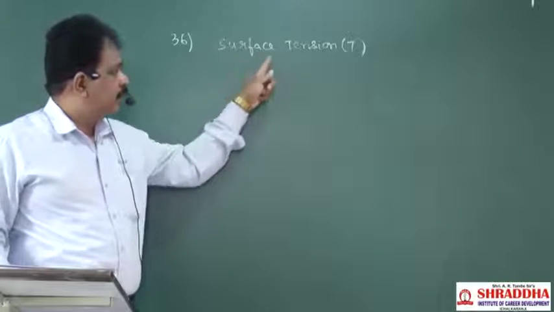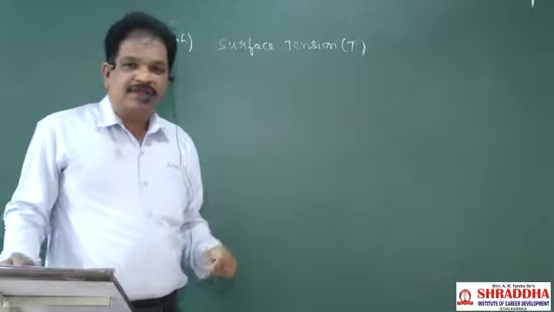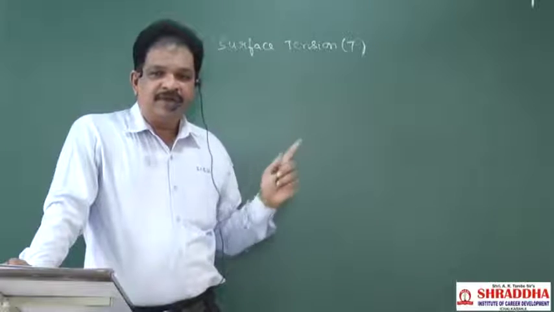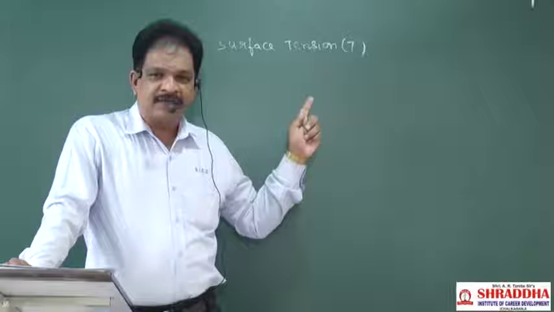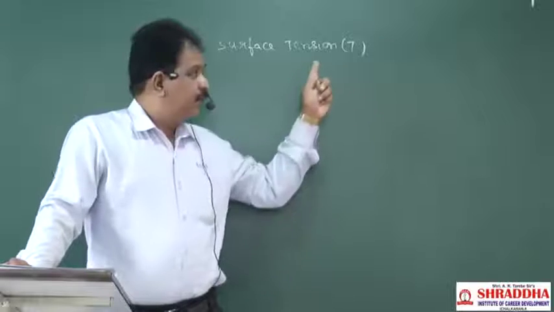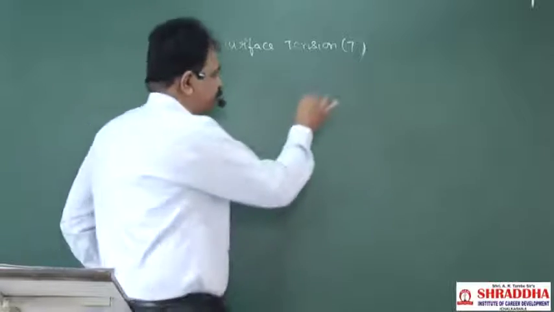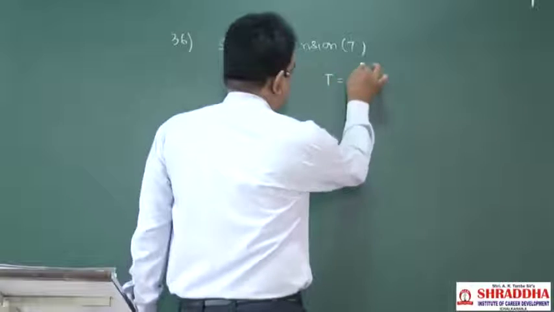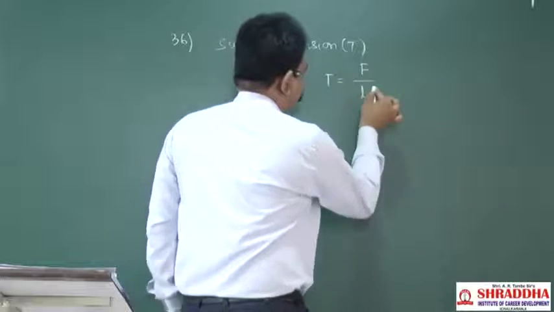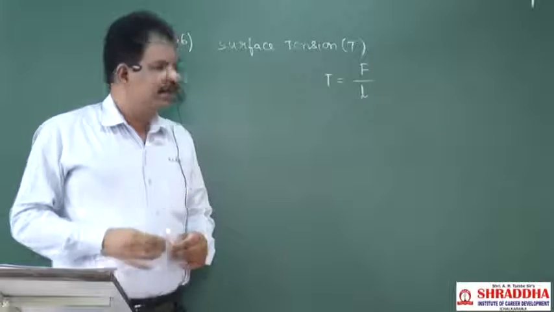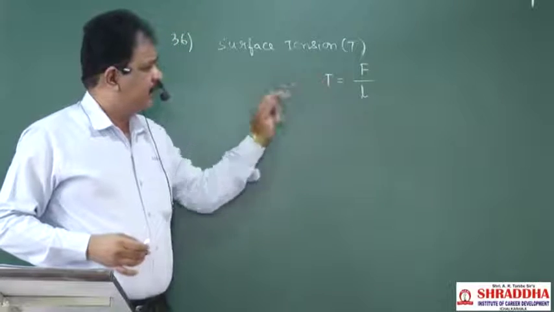That property is called surface tension. The surfaces of liquids behave as stretched elastic membranes, and that property is called surface tension. Surface tension formula: T is equal to F by L. So force per unit length is called the surface tension.